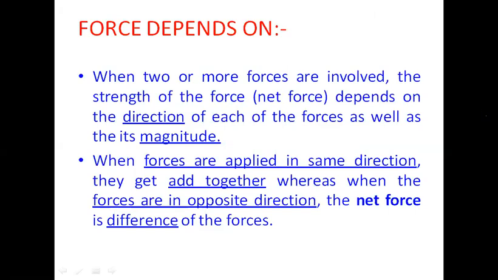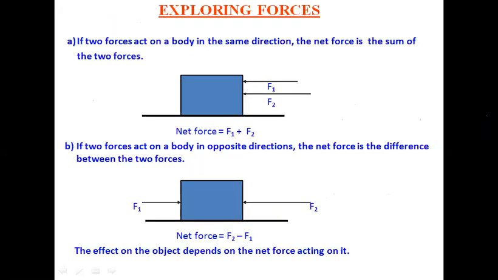When forces are applied in the same direction, they get added together, whereas when the forces are in opposite direction, the net force is the difference of the forces. So before going into detail, we should be aware of the term net force. The sum of all the forces that are acting on a body is called the net force. So let's move on to the characteristics.